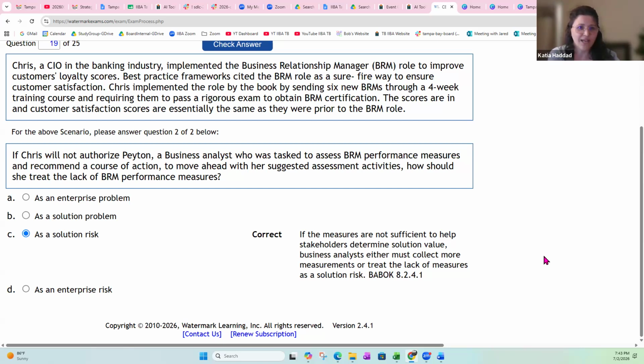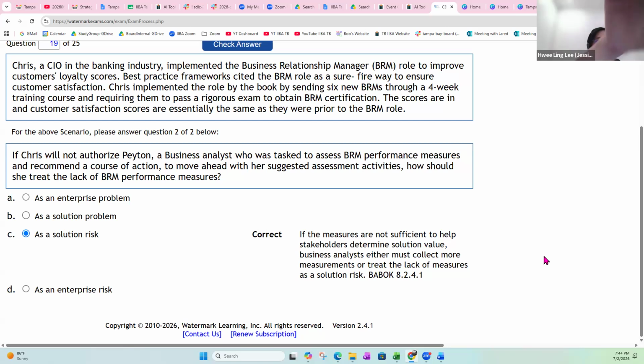If you don't achieve solution value, you have to put the associated risk with it. That's how I see it, and it's not an enterprise risk. Okay, that makes sense.